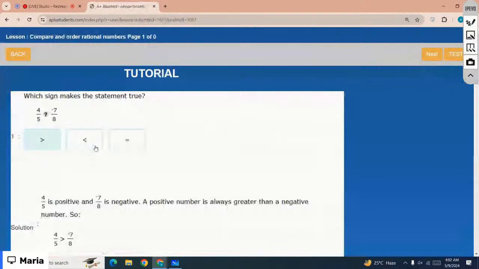Which sign makes the statement true? You have 4 over 5 and negative 7 over 8. So positive values are always greater than the negative values.